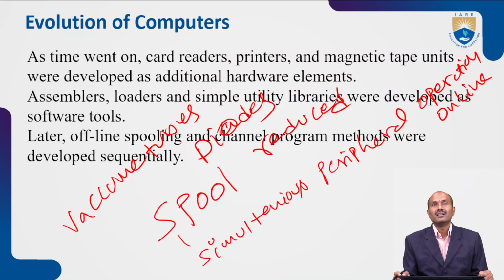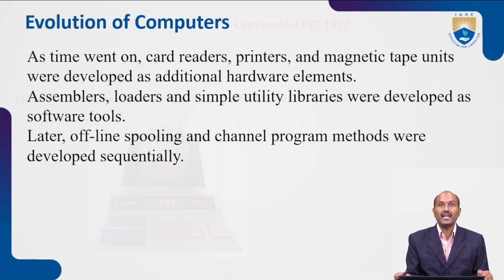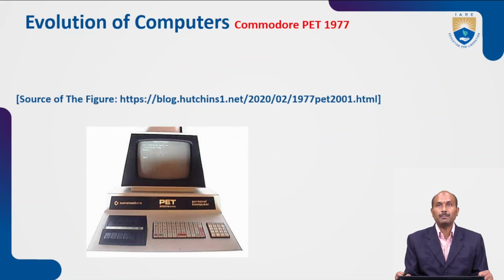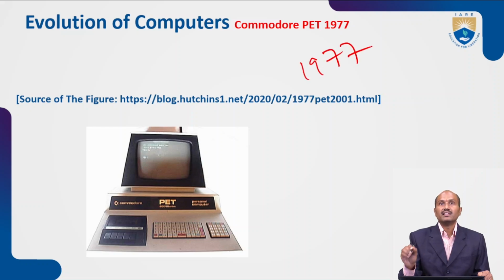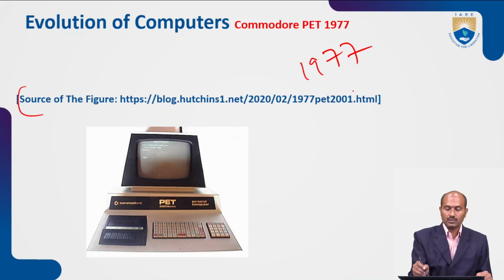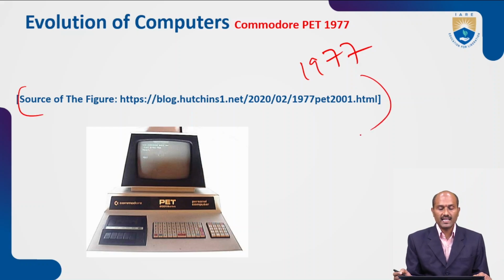In the 1970s itself, there was one more computer invented. That computer was the PET computer. This is the PET computer. The name was Commodore PET computer, invented in 1977. I took this computer from the source link I have given here.